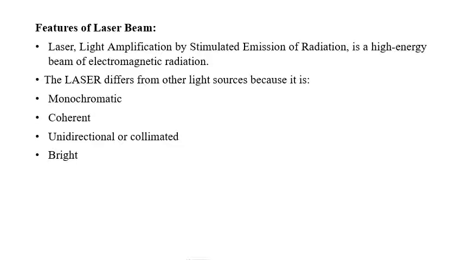These are the approximate wavelengths for different laser producing elements: ruby, NdYAG, carbon monoxide and carbon dioxide. So here some different types of lasers are there. We will understand the types of lasers used in laser beam machining in the coming slides.